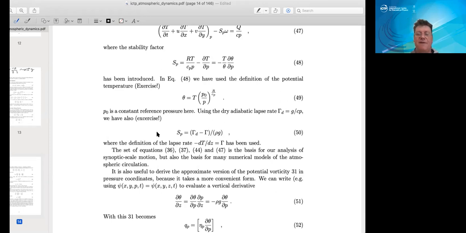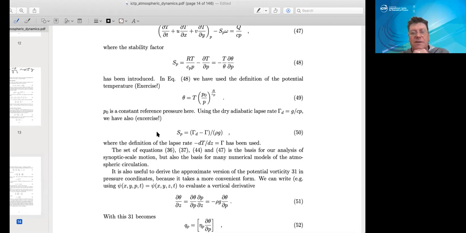Our stability factor will always be positive for large scale considerations. But this is not a strict need. So if you use this equation, for example, in a numerical model, this stability parameter could also become negative.